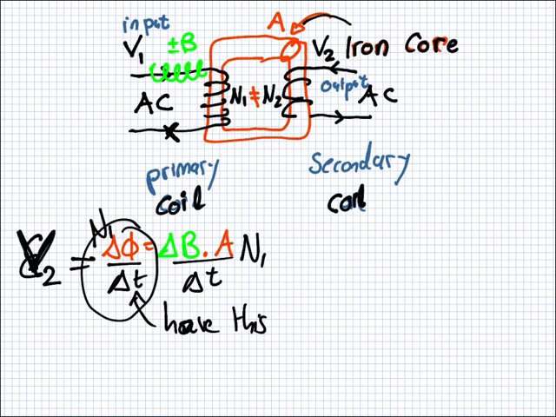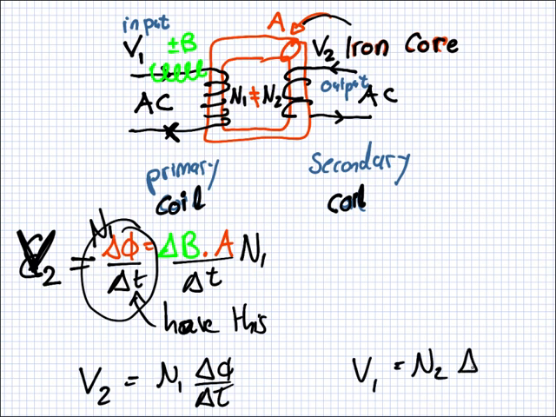Because what happens is, this causes a voltage here. You remember, if we move our magnet, we can make a current. So if we move the magnetic field here, we can make a current here. So anyways, on the left we have V2 equals N1 delta phi over delta t. You can do the same thing here, and you'll get V1 equals N2 delta phi over delta t.